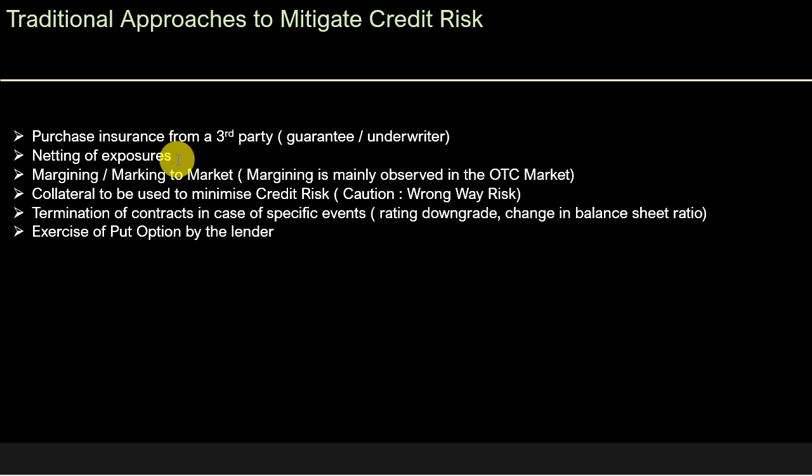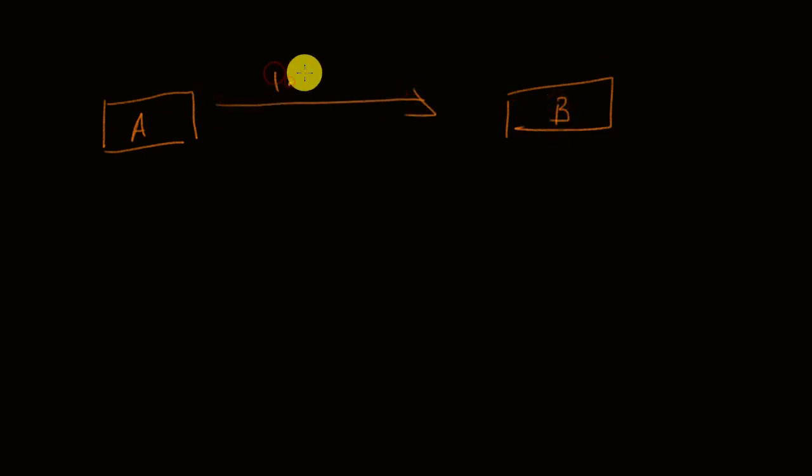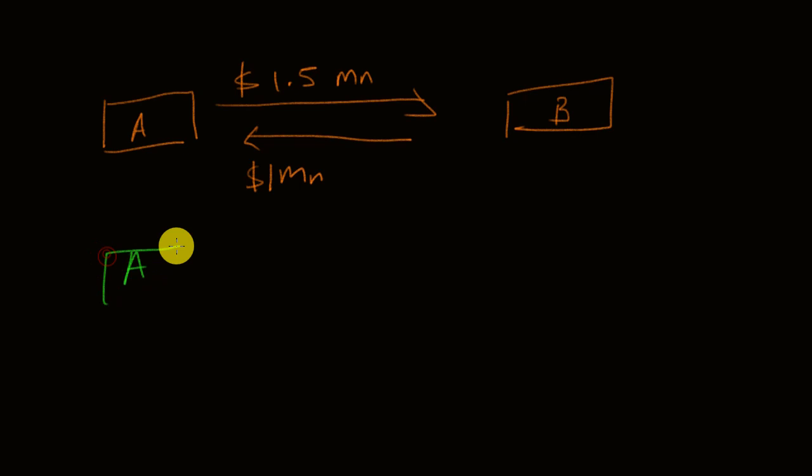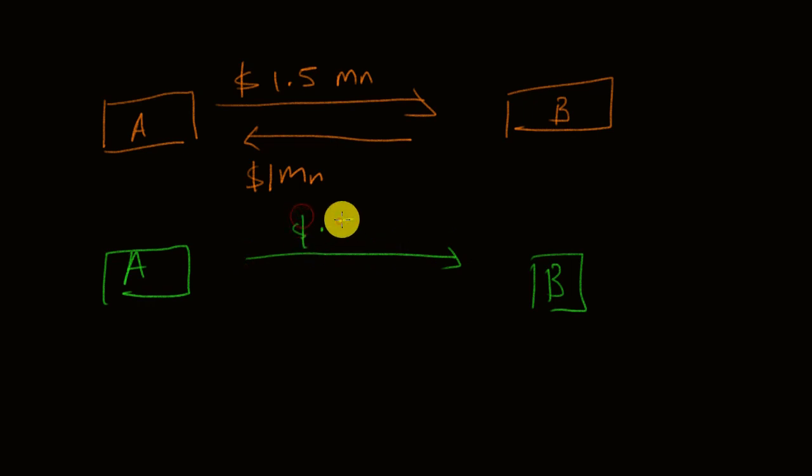Netting of exposures simply means, for example, if firm A and firm B enter into a couple of transactions, and let's assume that firm A has to pay $1.5 million to firm B, and firm B has to pay $1 million to firm A. By netting these two transactions, we can arrive at a position where firm A has to only pay $0.5 million to firm B, because the $1 million has been netted.